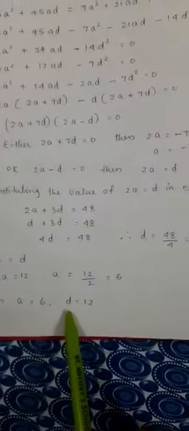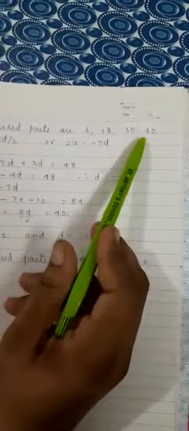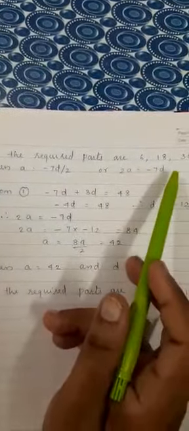Therefore, a is equal to 6. When a is equal to 6 and d is equal to 12, therefore, the required parts are 6, 18, 30 and 42. That is putting the value of a and d in a plus d, a plus 2d and a plus 3d.